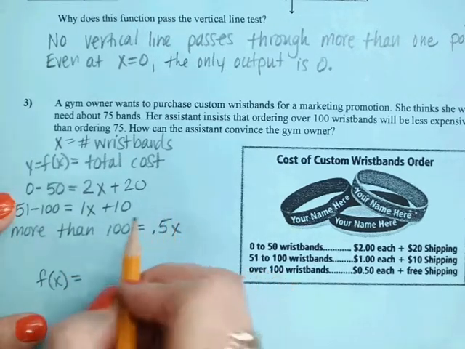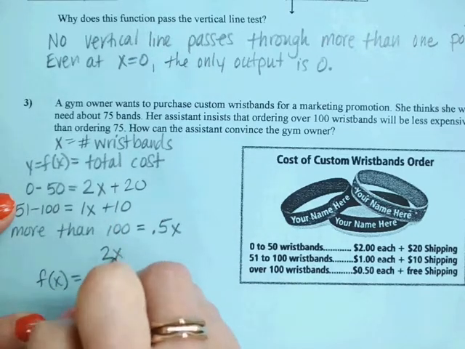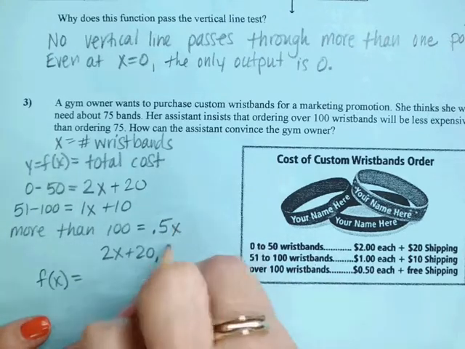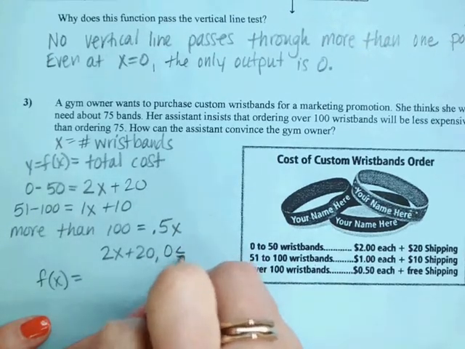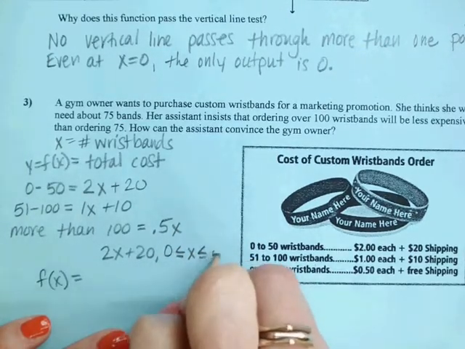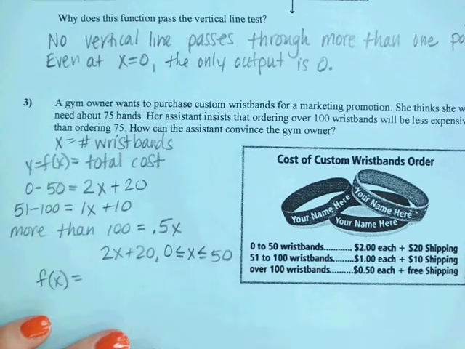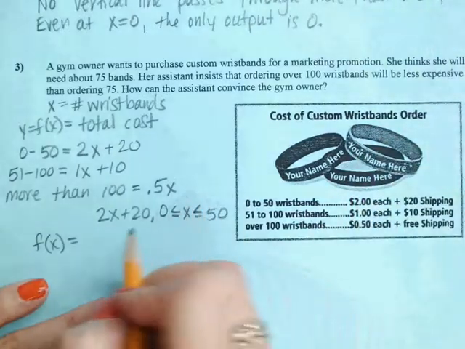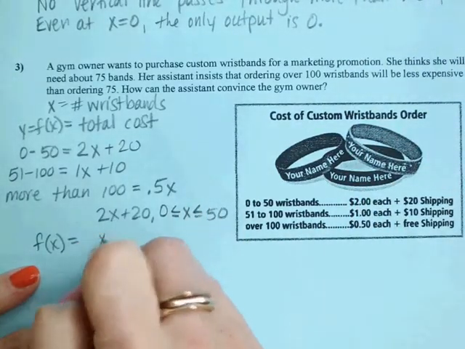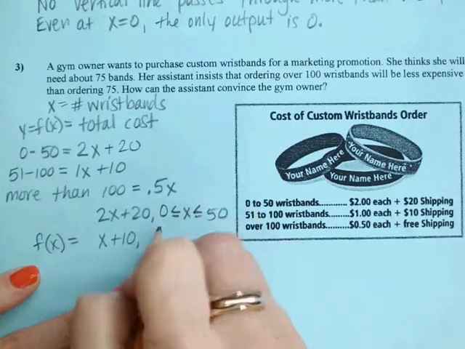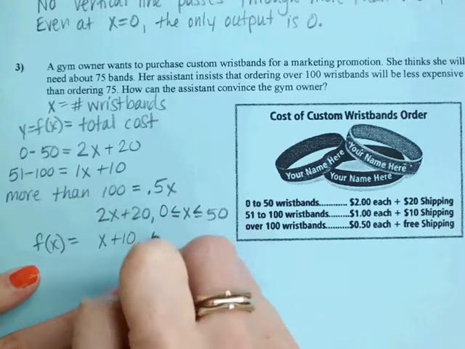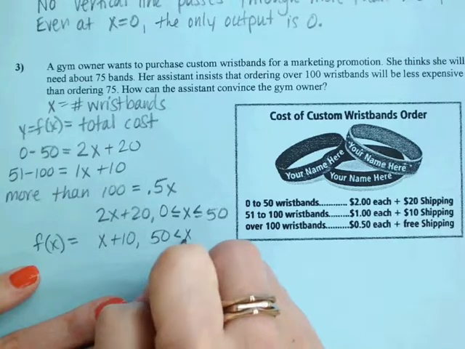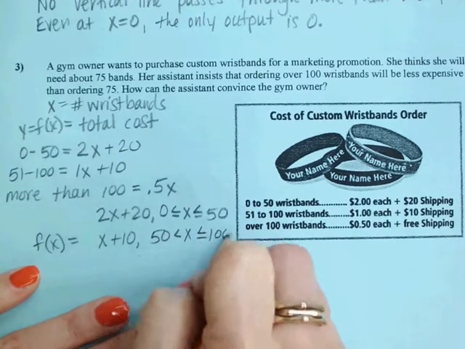So we'll start with 2x plus 20, and then we're going to write this in interval notation. This is for 0 to 50 wristbands. Then we'll do x plus 10. In interval notation, it's going to be 50 to exactly 100.